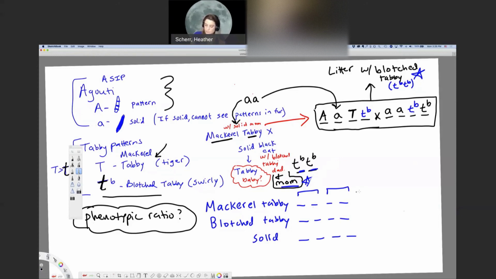And then what I like to do is write my fractions and multiply them. So first I would figure out what I need to get a mackerel tabby, a blotch tabby, and a solid cat. Then I do my cross for the agouti, and I do my cross for the tabby, and then I do my probabilities. Then I put it in a ratio.